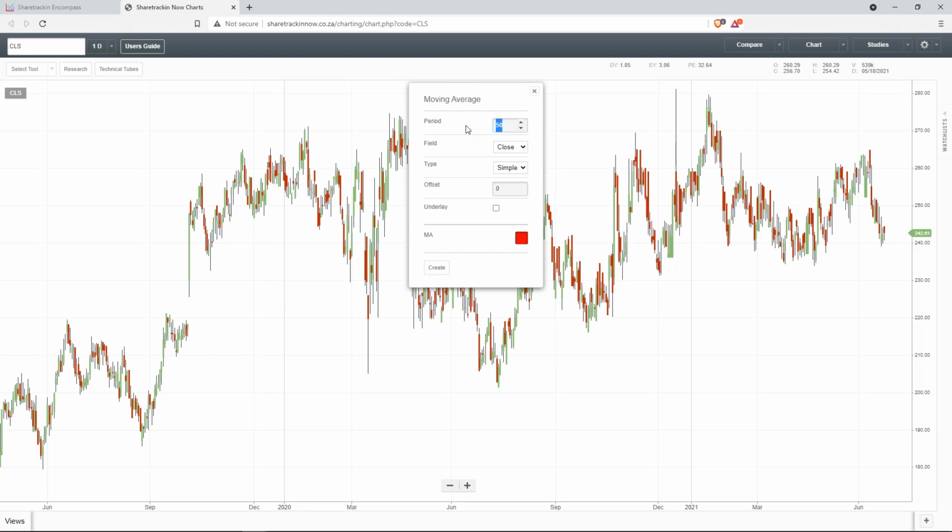For instance, with a 50-day period, it will take the last 50 days' pricing, put them all together, divide that by 50, and it gives you an average for the last 50 days. Working out an average is really easy, but we're going to change this to 200. So it's going to take the last 200 days' worth of pricing, put that all together, divide that by 200, and then it will give us the average price on our right hand side.